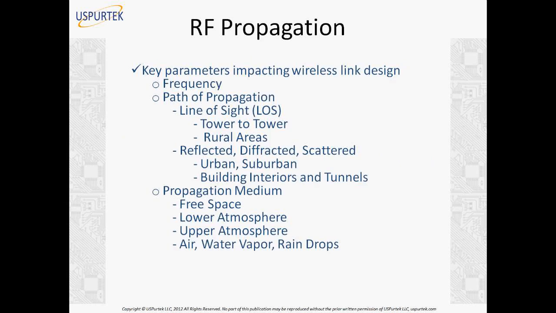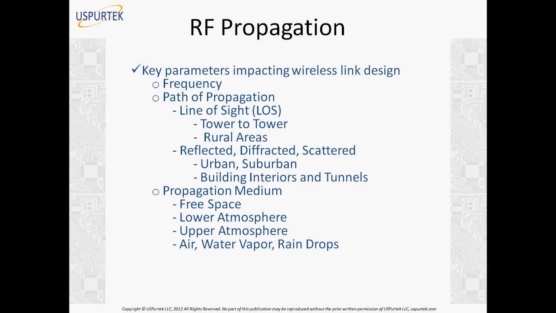In general, the key parameters that impact designing a wireless link: we have frequency, of course. What frequency are we using to transmit our signal, that is of importance. What is the path of propagation? Is it line of sight? That means, can my handset see the cell tower eye to eye, or cannot?